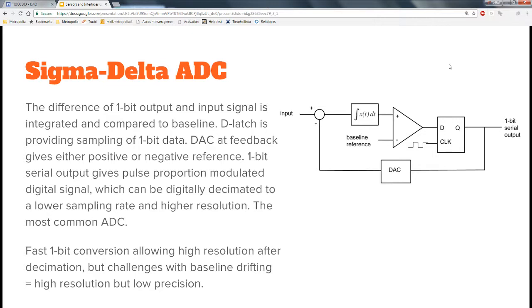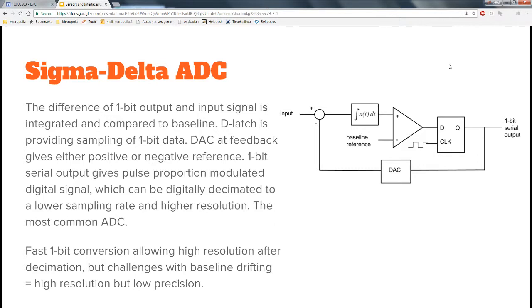The accuracy or the resolution is increased by summing this 1-bit serial output, or actually digitally integrating the serial 1-bit output, and then some filtering, of course, anti-aliasing filtering, but everything after that is done in the digital domain, which means very few analog circuits there, and some fast logic circuits, which means this is the cheapest technology available.